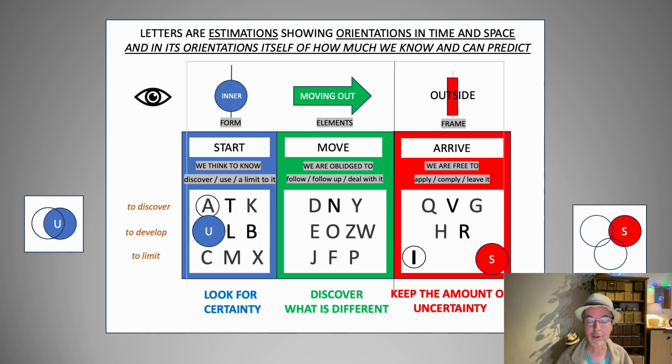It's not you, it's not part of you as I, but it's part of someone else or something else. And that's the U letter that describes it. The S is actually the last part of the whole system. It's the last letter, and it can be expressed also in three positions, and it's the outer position there.